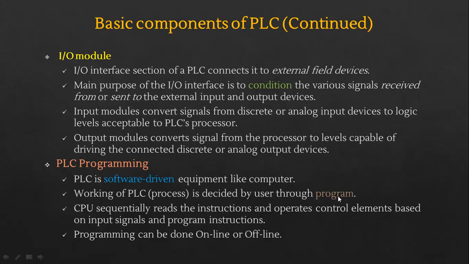That program dictates what the PLC should do. The CPU sequentially reads the instructions and operates control elements based on input signals and program instructions. That is what the CPU does when we feed it the program. So what switch is to be turned on, or, for example, what solenoid is to be actuated. Programming can be done online or offline. You could either do it in a dedicated software and then install it, or you plug in and do it simultaneously.